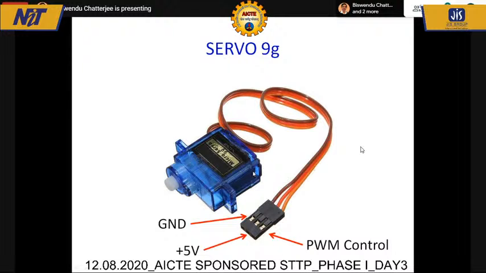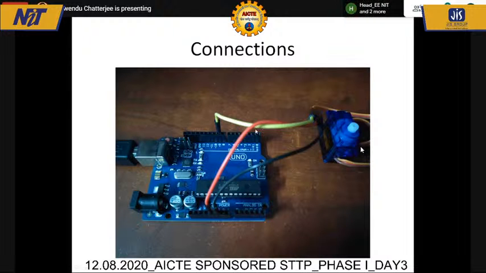This we will connect to the board, red connected to red, black connected to brown, and the orange is connected to this pin number 9. This 9 is the PWM control.